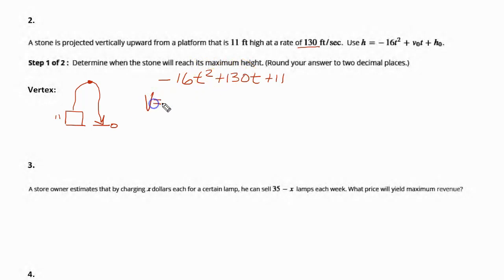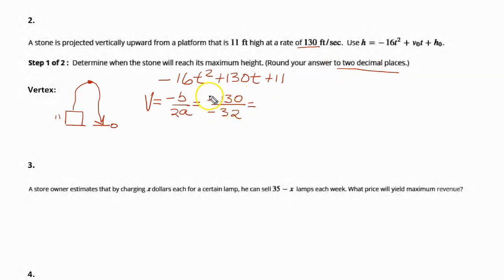So vertex, and again, write this again, it's good practice, is negative b over 2a. Now our b value here is 130, so negative 130, and our a value is negative 16 times 2, which is negative 32. And they want you to round this to 2 decimal places.